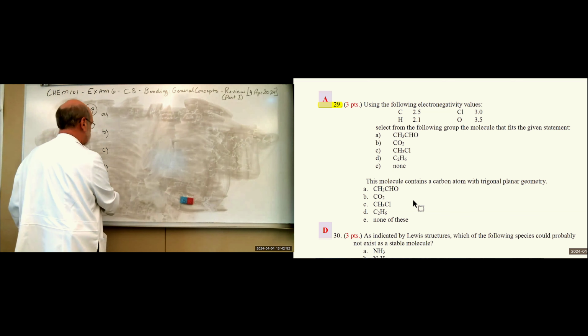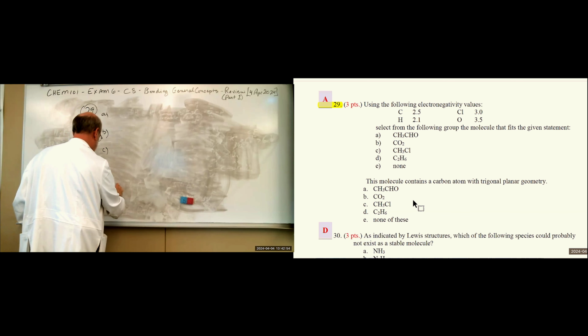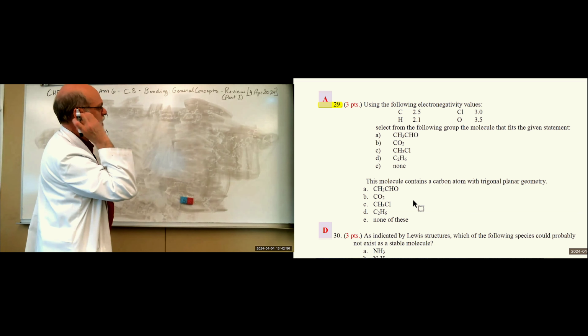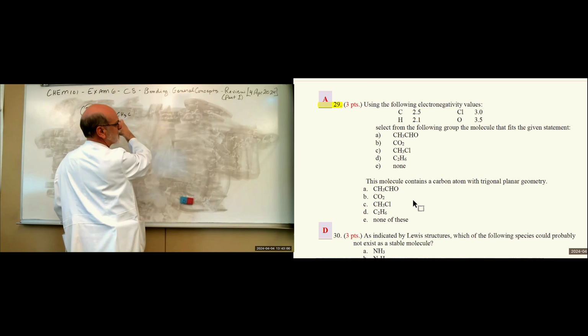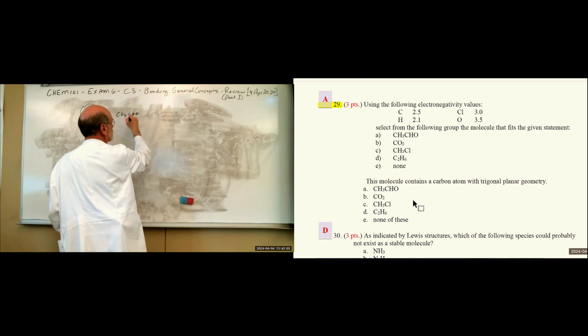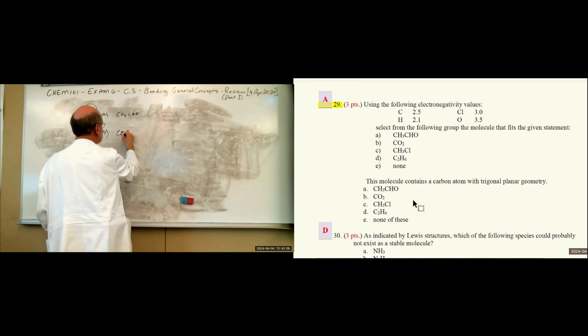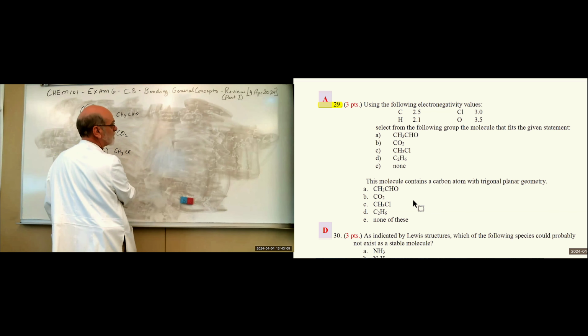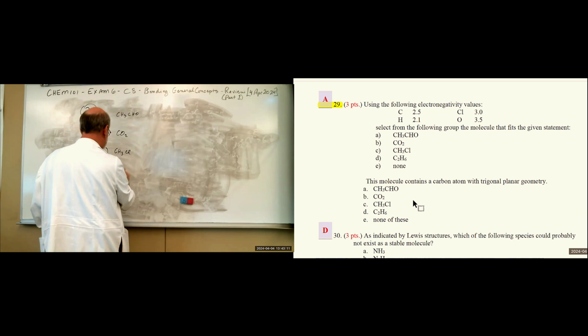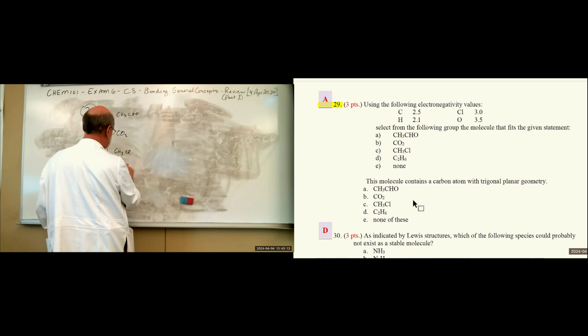If we got, and this is none. Okay, so we have CH3, CHO, CO2, CH3Cl, C2H6.